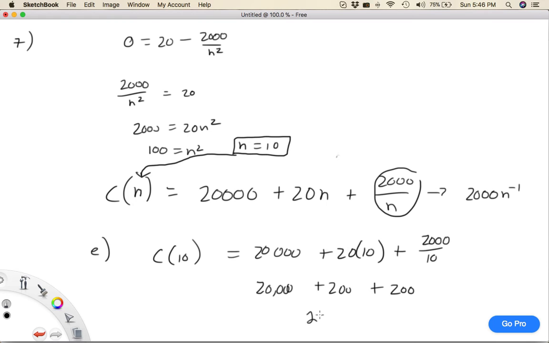So that's 20,400 is the smallest possible cost. And remember, the 20,000 is just to buy the bottles of wine, so we're basically talking about $400 of overhead here, which seems like a minimum to me, so it seems reasonable. Okay, I'm going to clear this out.